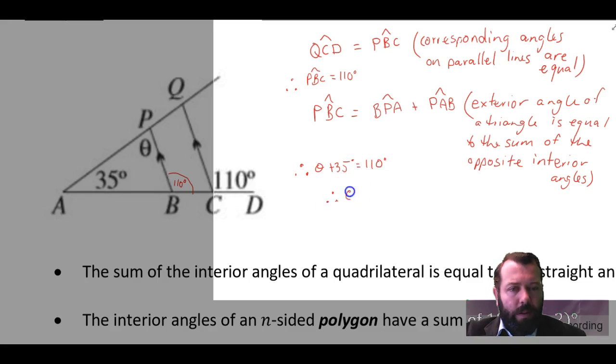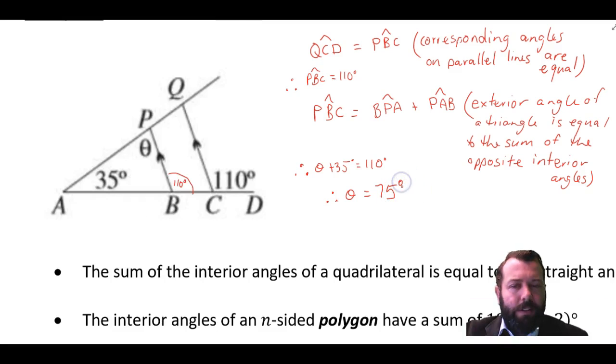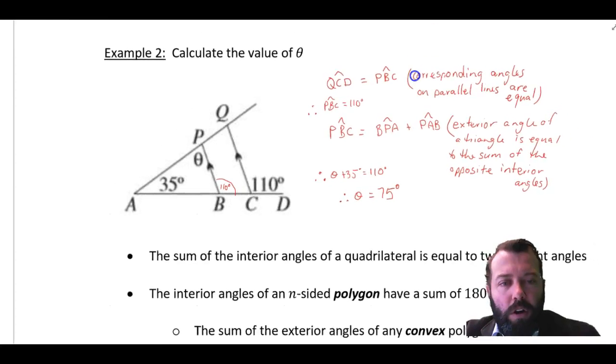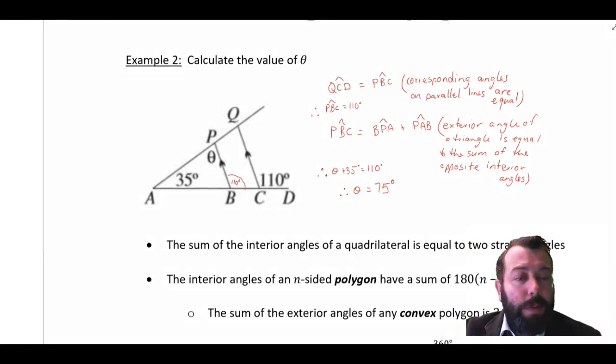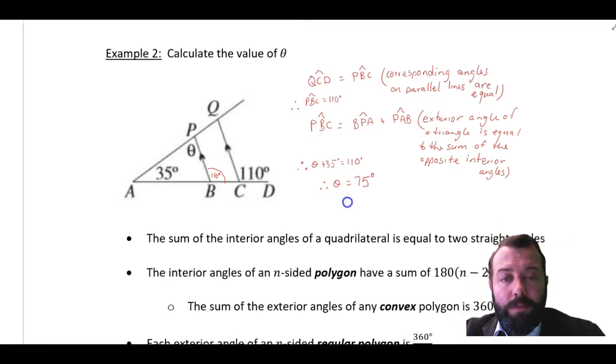Therefore, theta equals 110 minus 35, 75 degrees. You can see there's a certain amount of explanation here in brackets that should reference our notes.